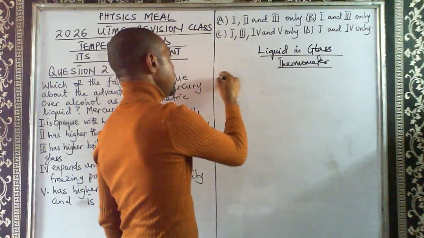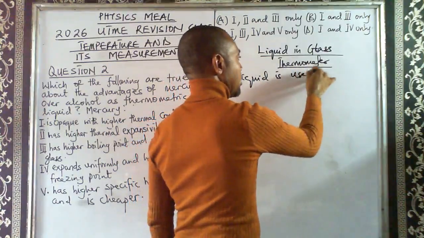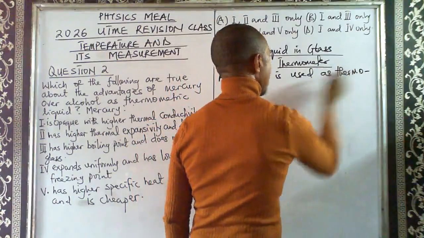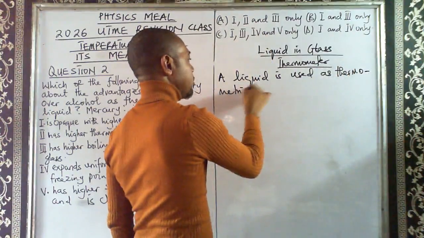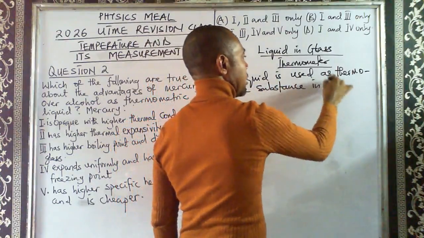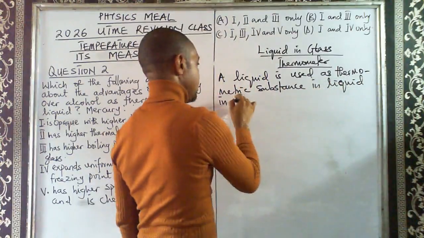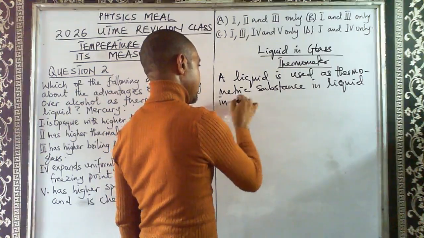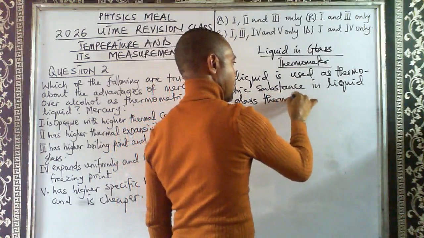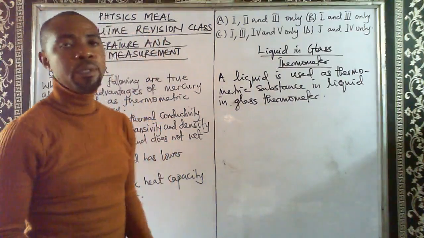So a liquid is used as thermometric substance in liquid in glass thermometer. So we use a liquid as the thermometric substance.